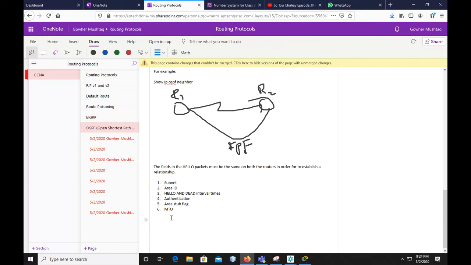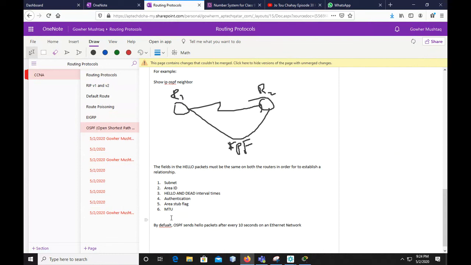Yes. So now the time intervals. By default, OSPF sends hello packets every 10 seconds on an Ethernet network, in a local area network.